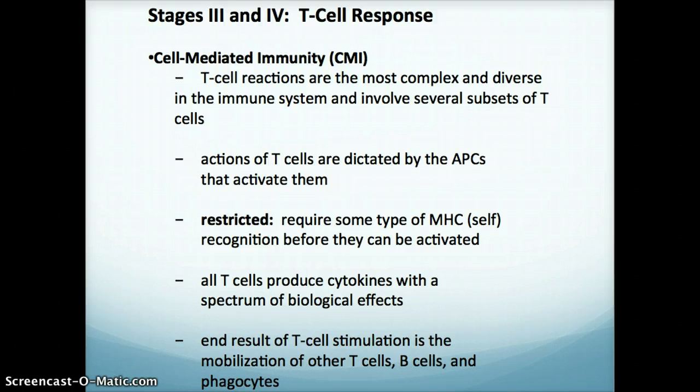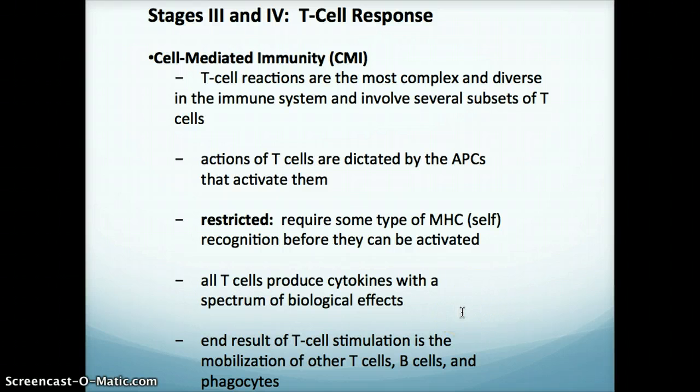All of the actions of T cells are dependent on those APCs, those antigen presenting cells, to activate them. And they're restricted because they require some type of MHC recognition. Remember, to recognize that APC, it must actually recognize the self complex here before they can be activated.